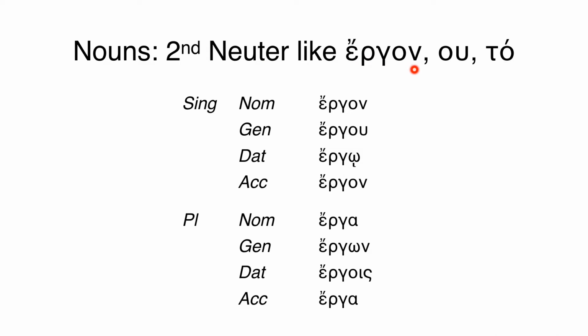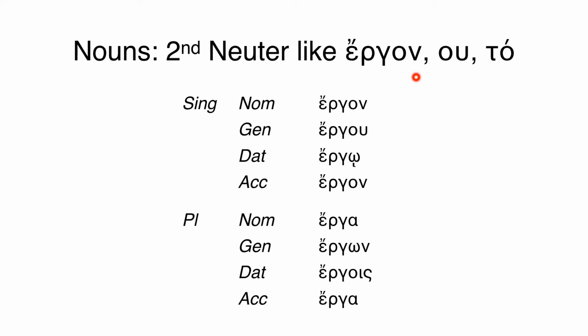Ergon means work. And we see this lexical entry here: ergon, u, and ta. And you remember that ergon, the first word in that lexical entry, is the neuter singular nominative form. Notice that the nominative has a nu. So far we've only seen that with the accusative forms for masculine and feminine nouns. Here we see it as the nominative form, the subject case, in the neuter.